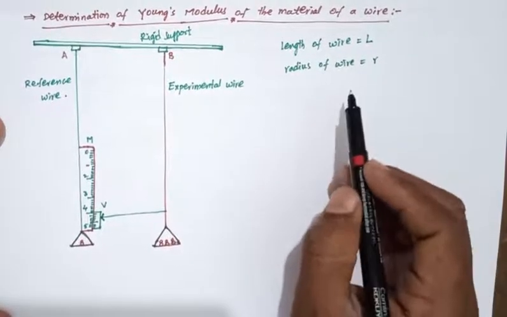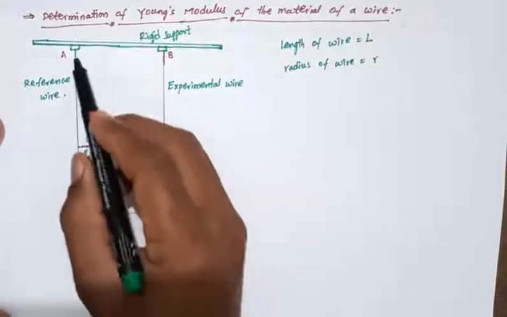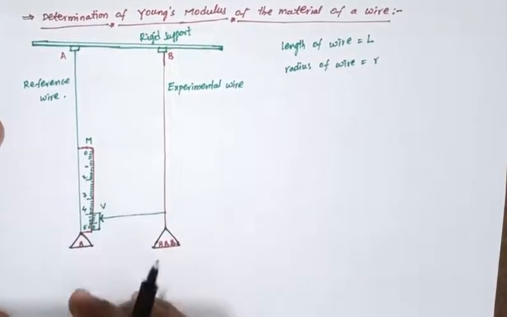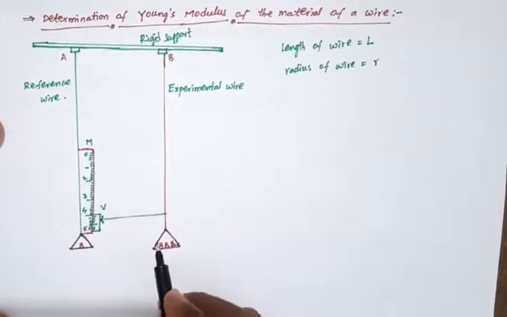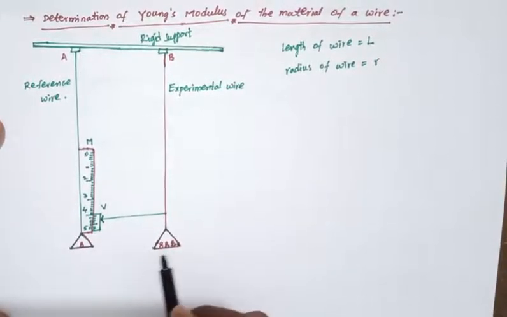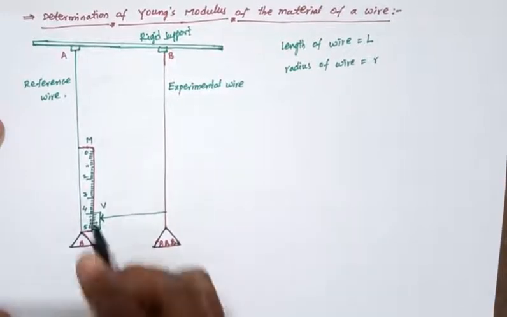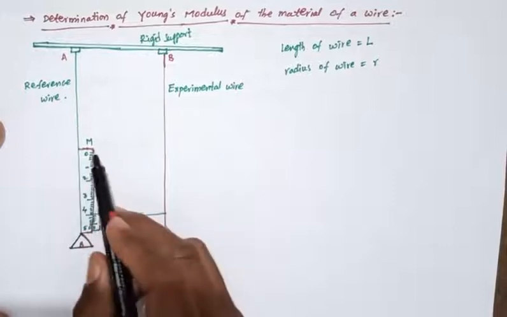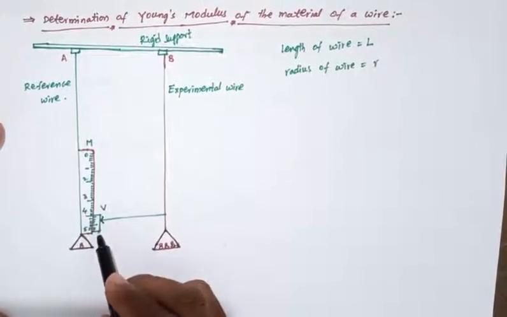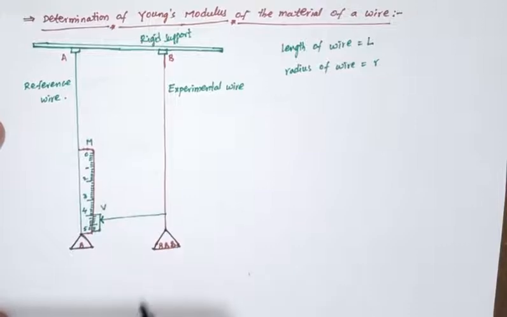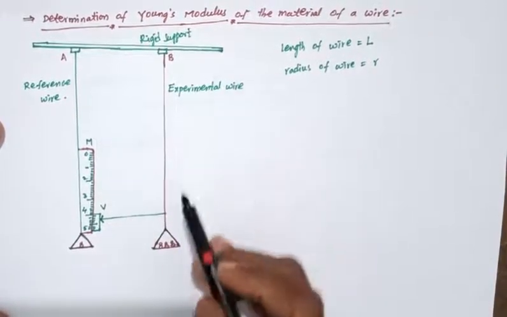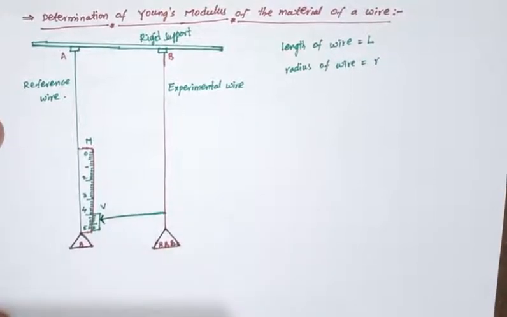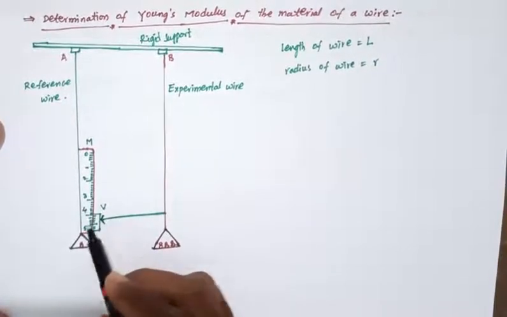Here the reference wire is connected to a certain weight, 10 grams, 20 grams. Here also we are using 10 grams. The reference wire is connected to a main scale, a meter scale, and also to a vernier scale, and the experimental wire has a pointer.